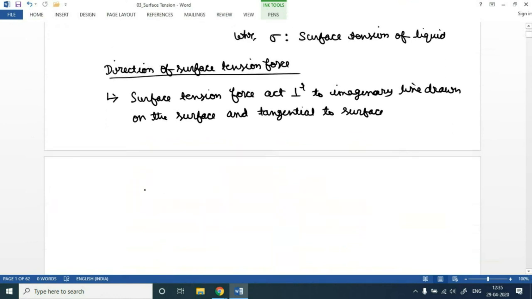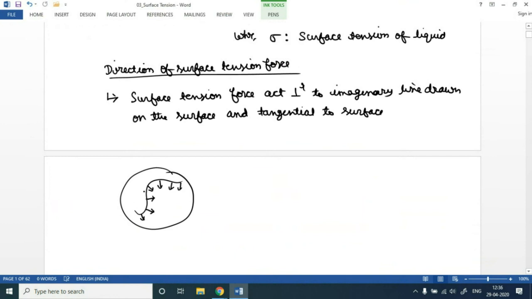For example, this is the surface, and if we have drawn a line like this, the surface tension force here would be along the surface but perpendicular to this imaginary line.